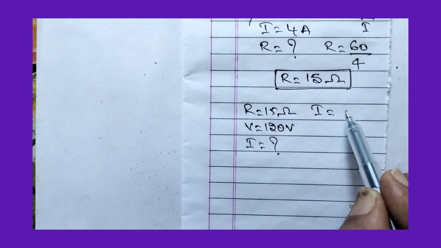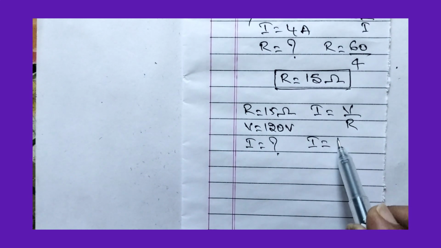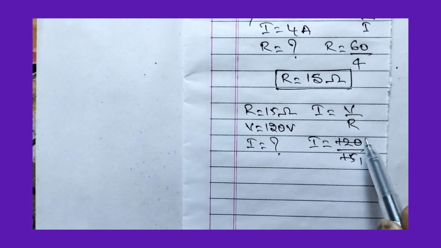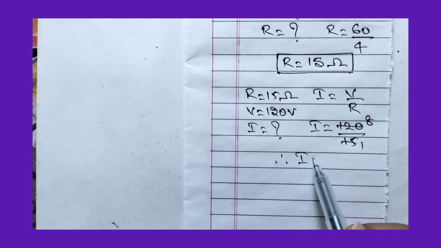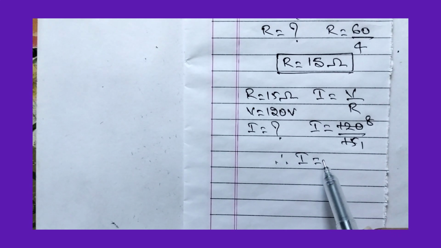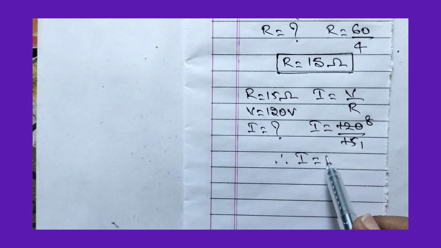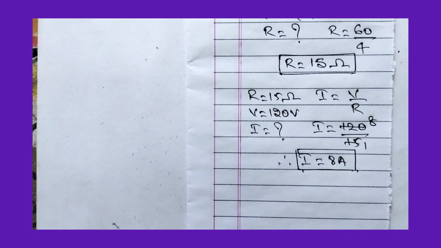According to Ohm's law, I is equal to V by R. I is equal to V, 120, divided by R, 15. 15 eights are 120. Therefore, when voltage has been increased from 60 to 120, the current that flows through the heater is I is equal to 8 ampere. So like this we have to solve this question.